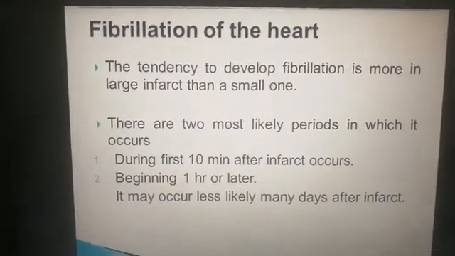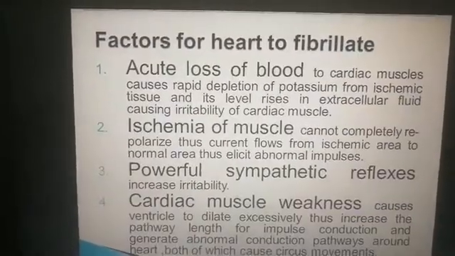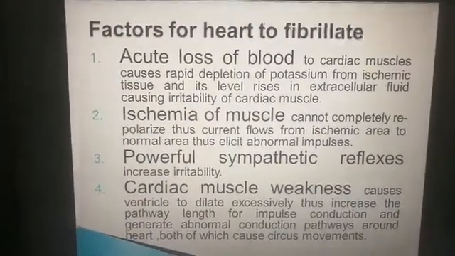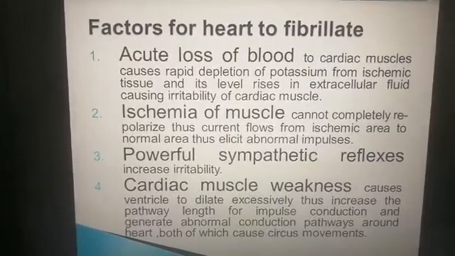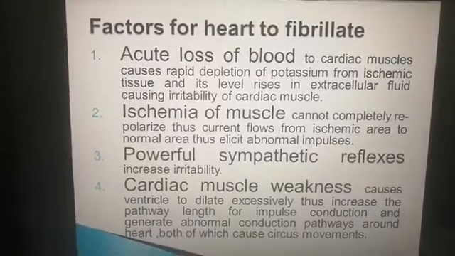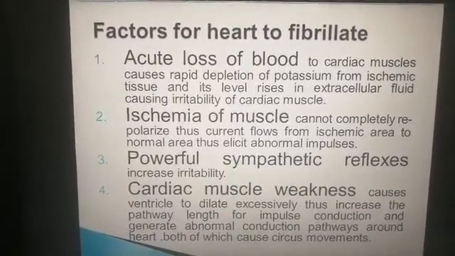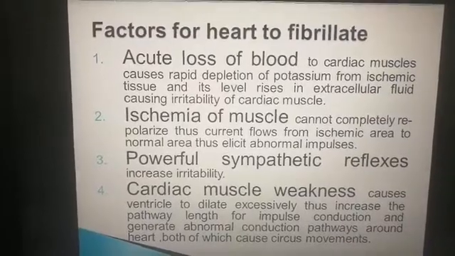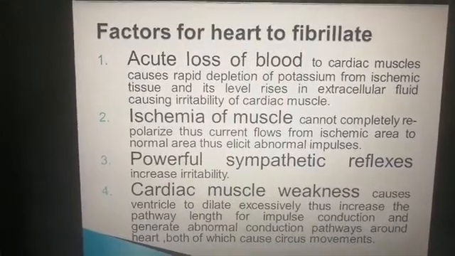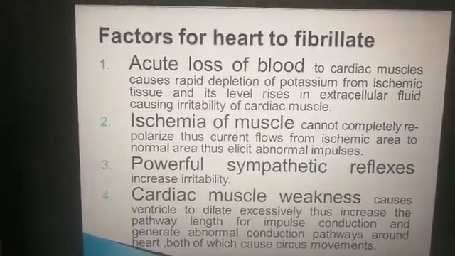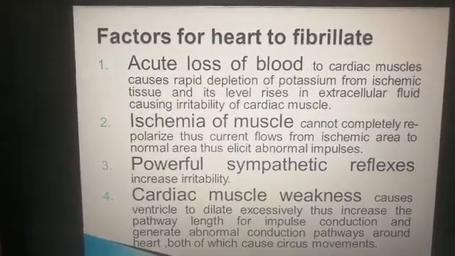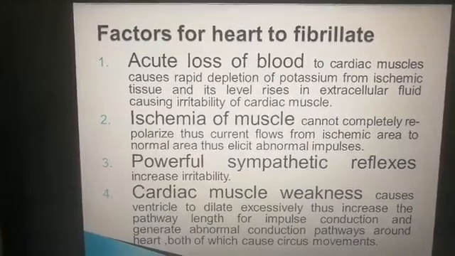It may occur less likely many days after the infarct. Factors for the heart to fibrillate are acute loss of blood, ischemia of muscles, powerful sympathetic reflexes, and cardiac muscle weakness. These are the factors which result in fibrillation and circus movements. We discussed fibrillation and flutter in the fourth lecture on cardiac arrhythmias.